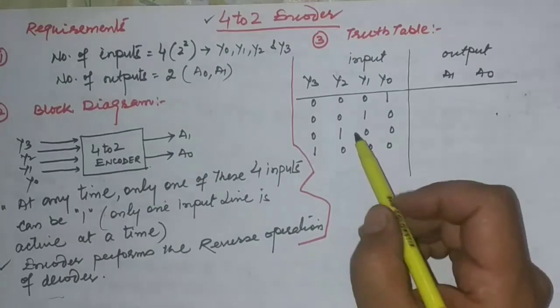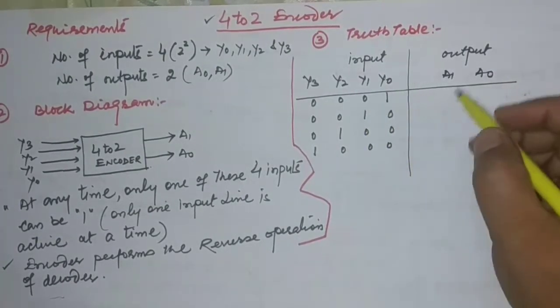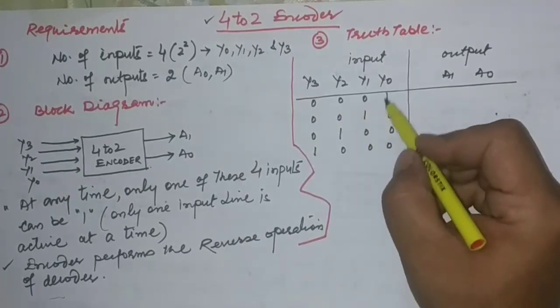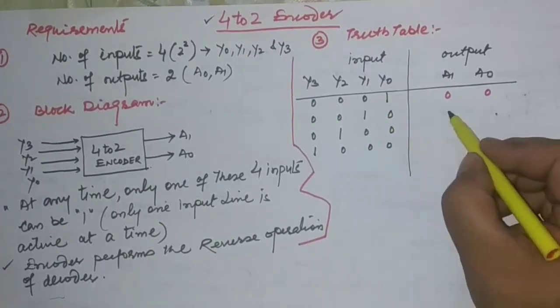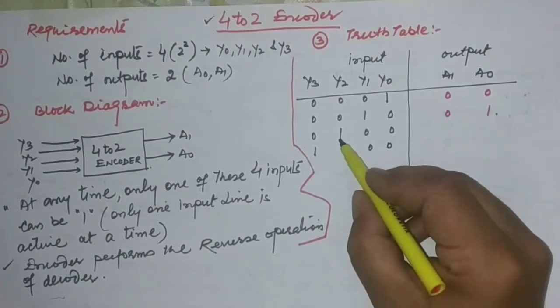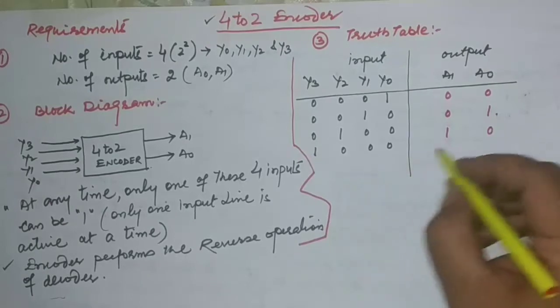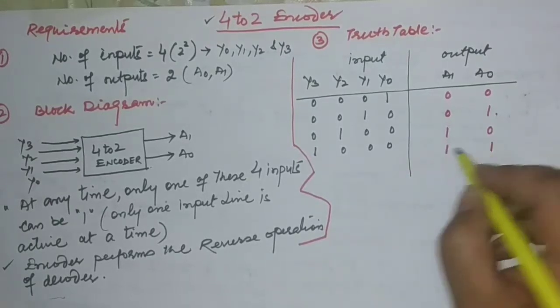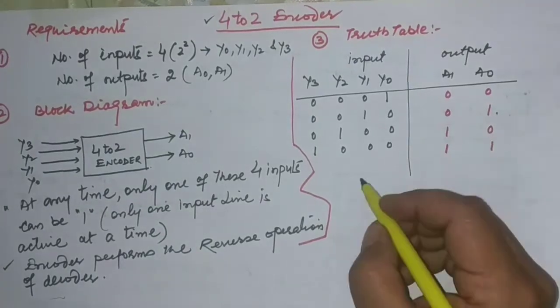Based upon these combinations of inputs, we can have the outputs. If y0 is equal to 1, then the output is 0 0. If y1, then 0 1. If y2, then 1 0, and if y3, then 1 1. So this is the input function and this is the output function.